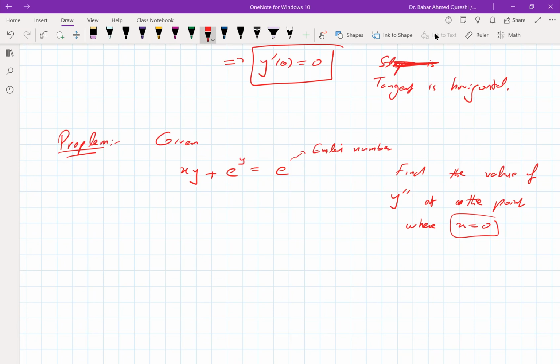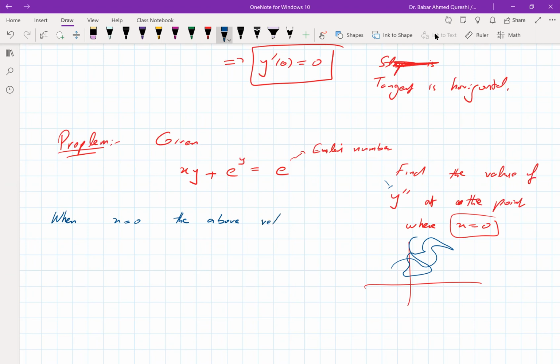So this is a relation between x and y, and it will correspond to some curve. We don't know what that curve is, but we need to find the value of y double dash at the point when x is 0. So when x is 0, the above relation, what I'm doing is just putting x is equal to 0 to see what is the value of y when x is 0.